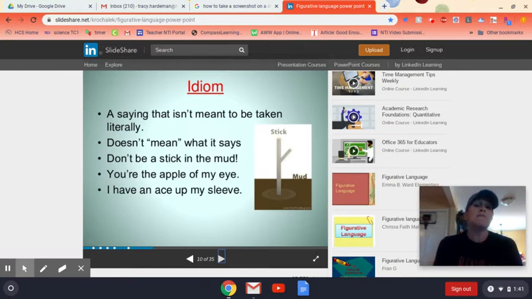If someone's being boring and they don't want to do something that you're wanting them to do, you might say, oh, don't be a stick in the mud. Well, they're not literally a stick stuck in the mud. They're just kind of being someone who's not wanting to step out of the box or do something that they wouldn't normally do.